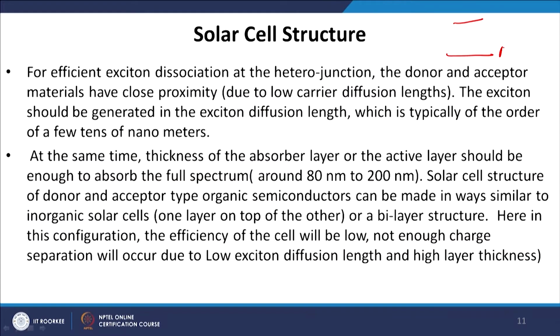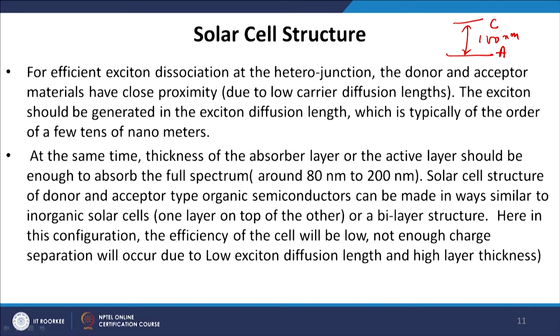Now, for example, let us say I have these two electrodes, one is anode and another is cathode, and the separation between these two electrodes is 100 nanometer. So, we at least need 200 to 300 nanometers or even 500 nanometers to absorb the light. We need a good amount of thickness to absorb the light.